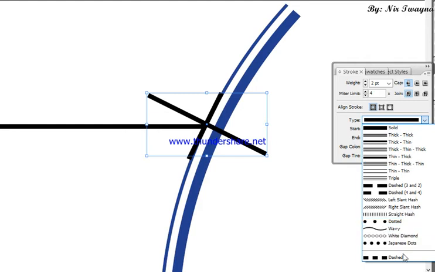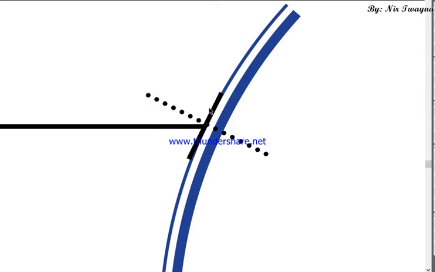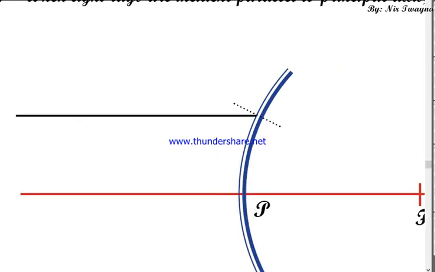If this is the normal, then you know that the light ray would reflect to the other side of the normal. In case of concave mirror, it would reflect down like this, isn't it?